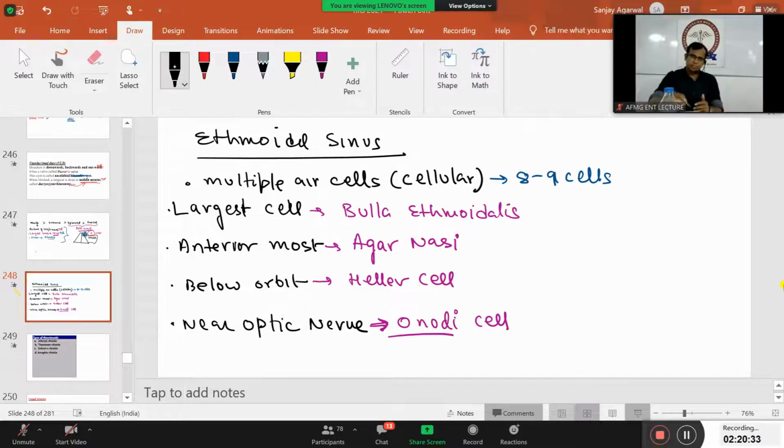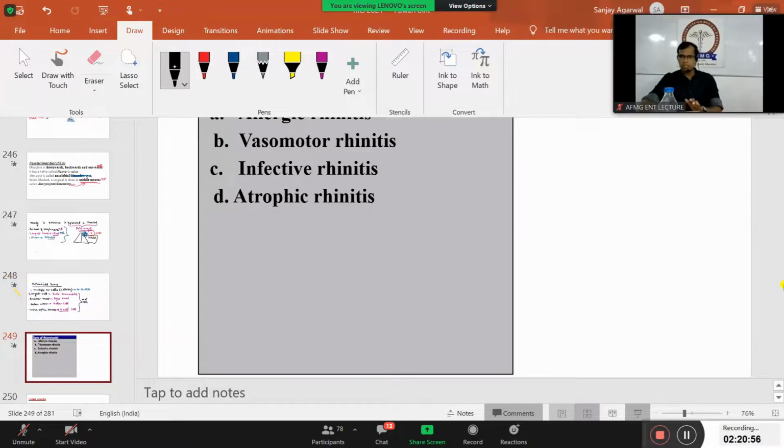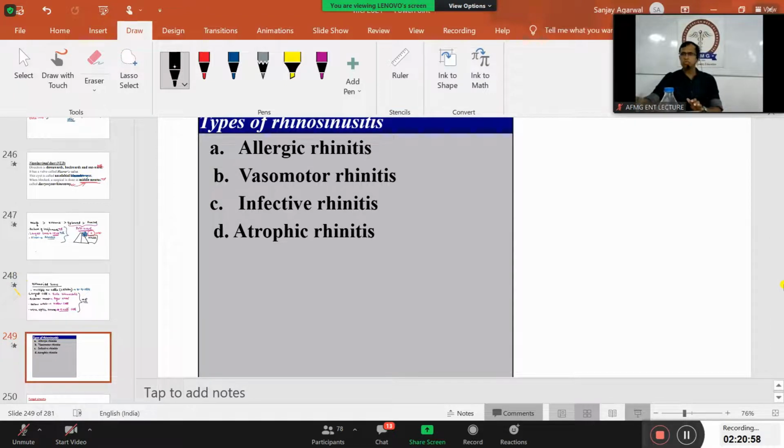Again, very important MCQ with these problems. So in the anatomy of the sinuses, these are the two things that you have to remember. And when the sinus gets infected, it is called sinusitis. Now sinusitis and rhinosinusitis are many types, but we'll discuss only 4 important types of rhinosinusitis.